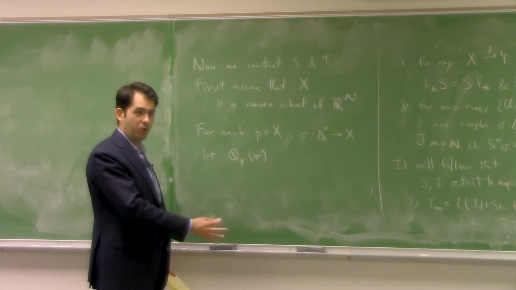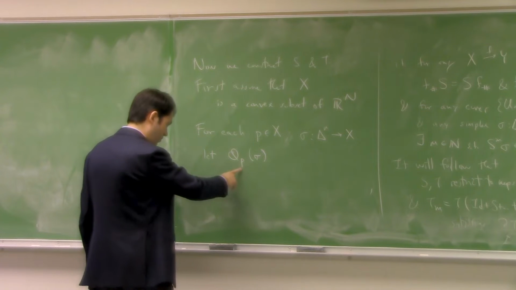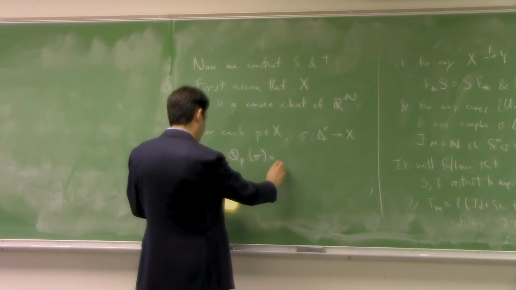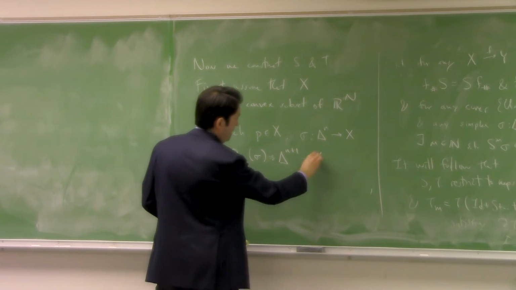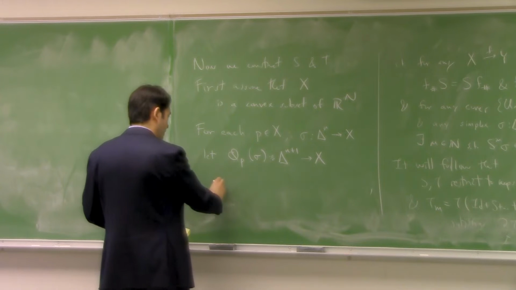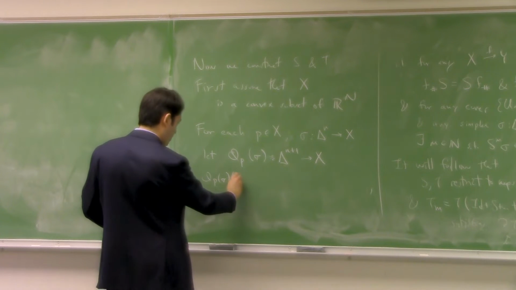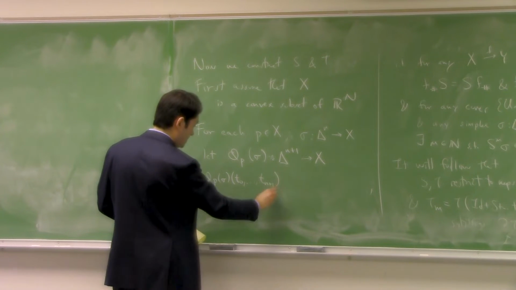So Q will work for cone. So the cone on sigma with vertex P is going to be a map from the n+1 simplex to X. And so what it does to a point (t0, ..., t_{n+1}).